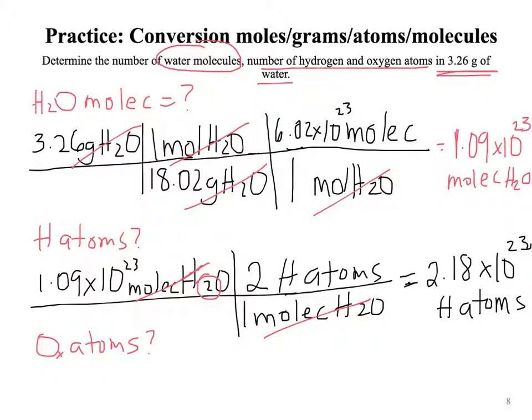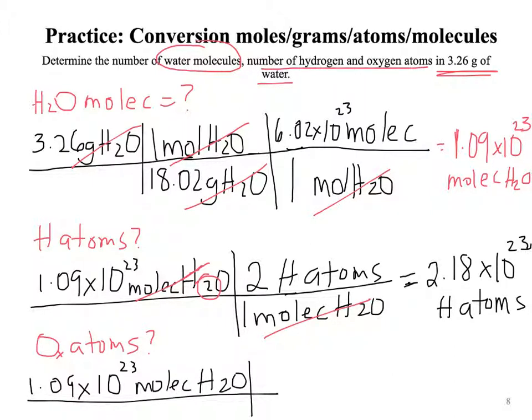So we do the same thing. We're going to use how many molecules of water I have. So 1.09 times 10 to the 23rd molecules of water. And I know for every 1 molecule of water, there's nothing here, so that's 1 oxygen.